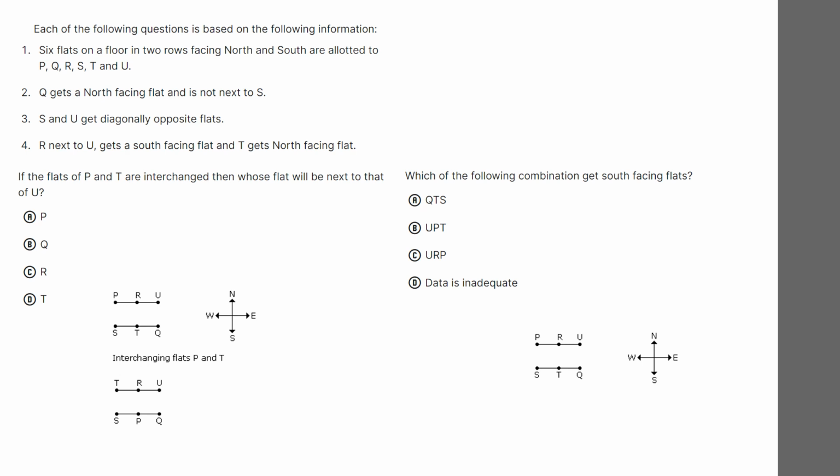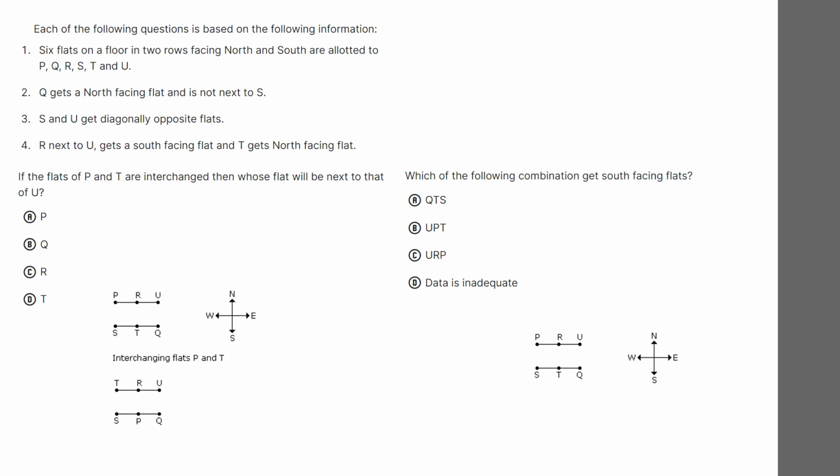Now, second point is giving us the information Q gets a north facing plot and is not next to S. Yes, it indicates that Q and S both are in the north facing, but they are not the neighbors.